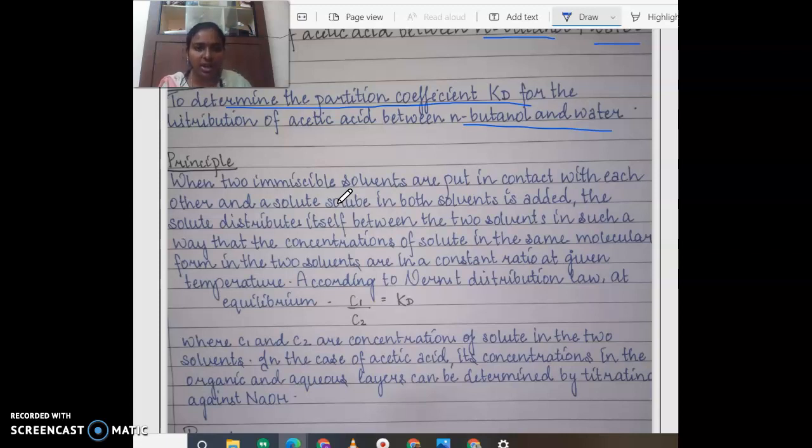To that we add acetic acid and see how it distributes in both layers. According to Nernst distribution law, the distribution ratio is constant in the two layers at a given temperature, so Kd is equal to C1 by C2. Here we are going to find that. That is the principle involved in this experiment.